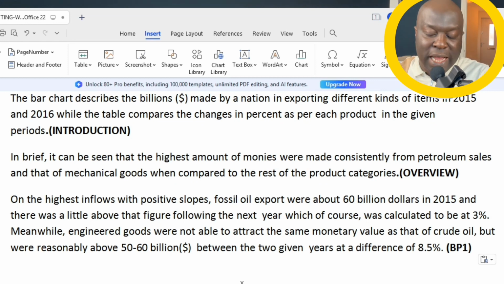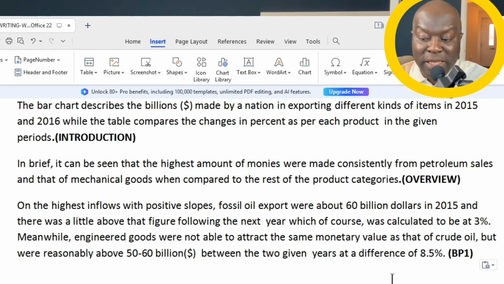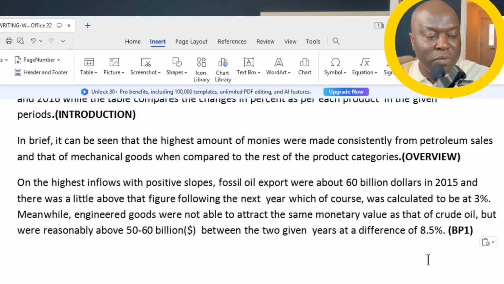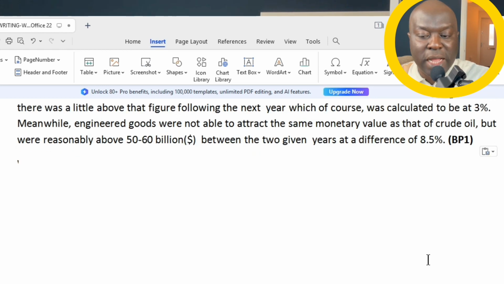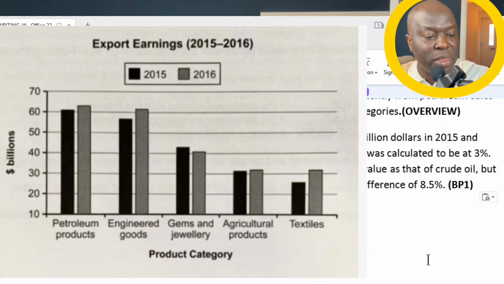It appreciated. Okay, so on the highest inflows with positive slopes, the fossil oil exports were about $60 billion in 2015, and there was a little above that figure the following year, which of course was calculated to be 3%. Let's look at this diagram, you will understand what I'm saying.